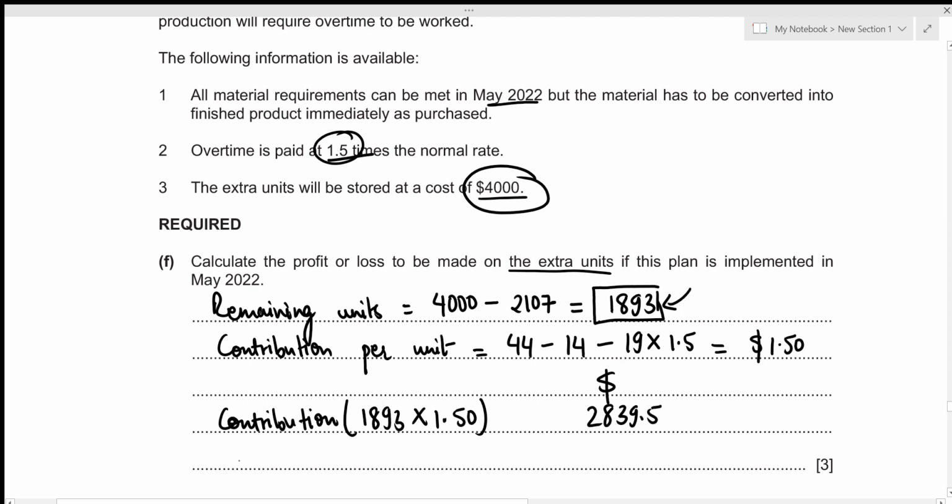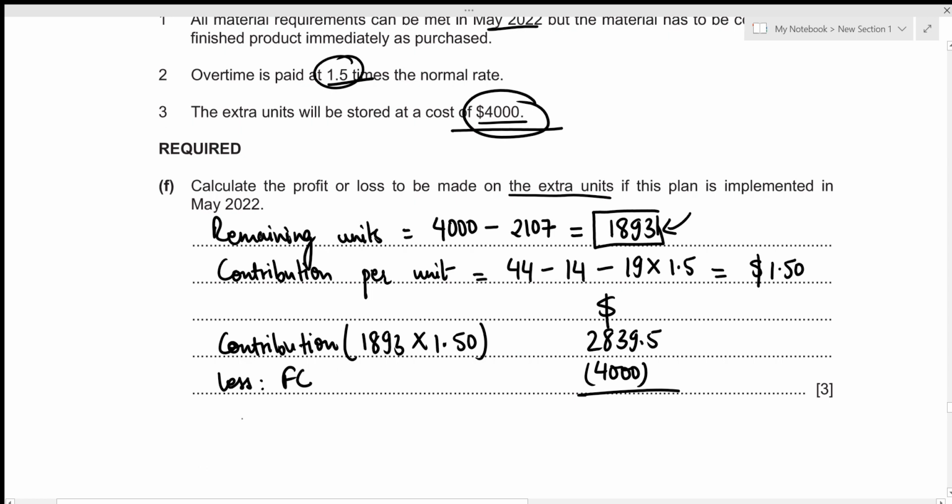And we need to subtract the fixed costs. We can see that our storage cost is a fixed cost, so we need to subtract this 4,000. So we can clearly see that the fixed cost is greater than contribution, which will result in a loss. So the loss in this case is 2,839.5 minus 4,000, which results in the value of 1,160.5.